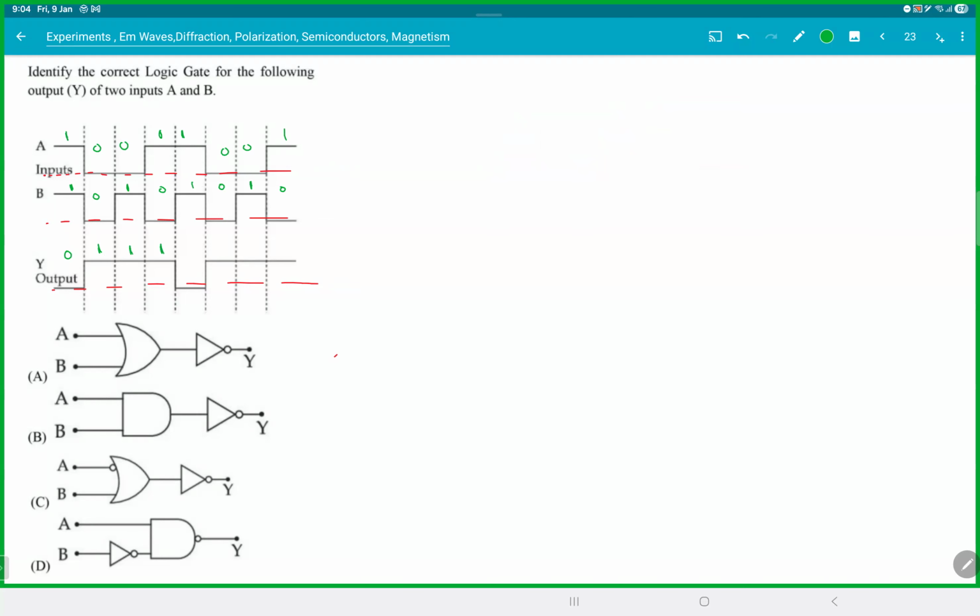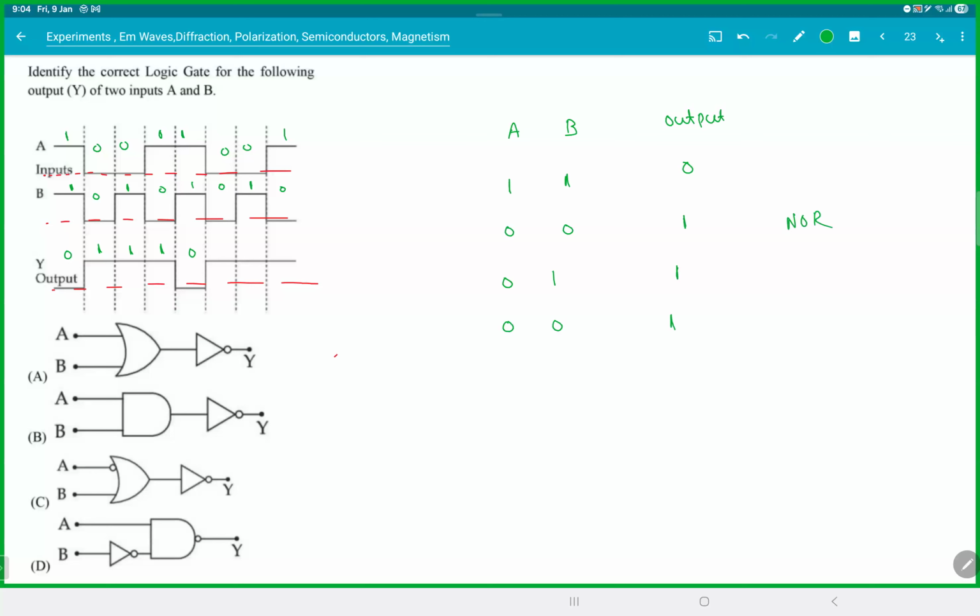I think with this 4, you can figure it out actually. Look at this. When it is 1 and 1, you're getting a 0. So A, B, output: 1, 1 gave you 0. 0, 0 gave you 1. 0, 1 also gave you 1. 1, 0 also gave you 1. This thing clearly looks like a NOR gate, isn't it?